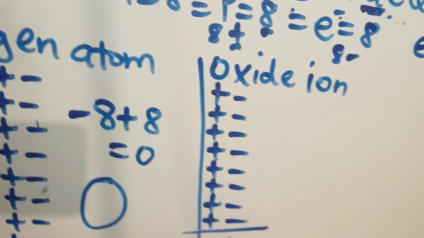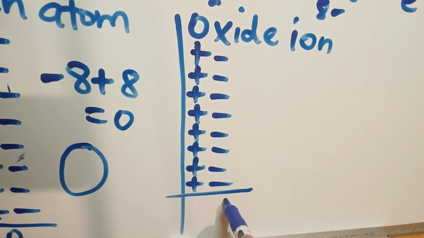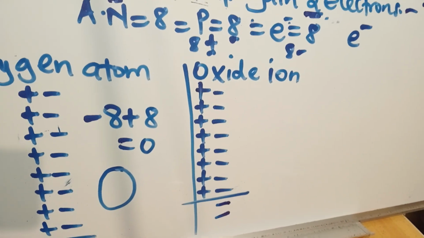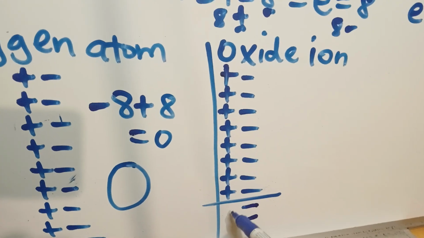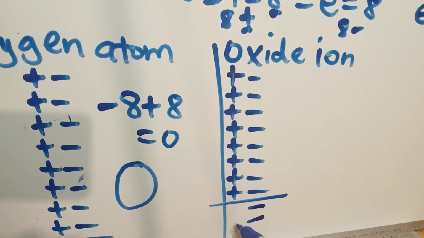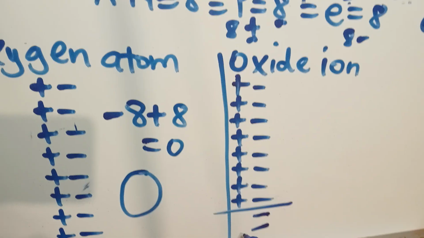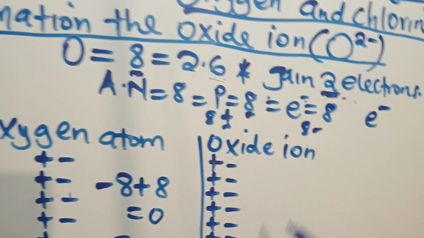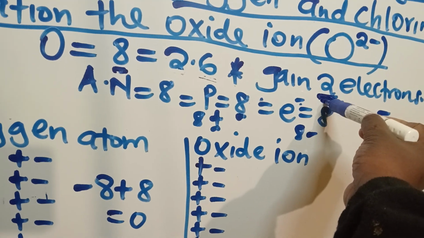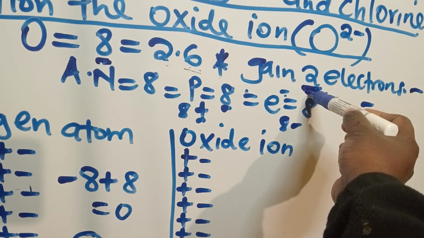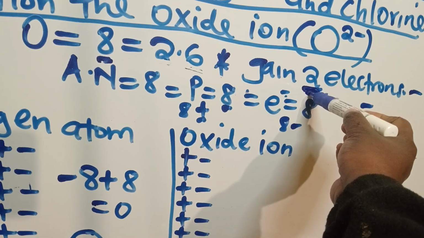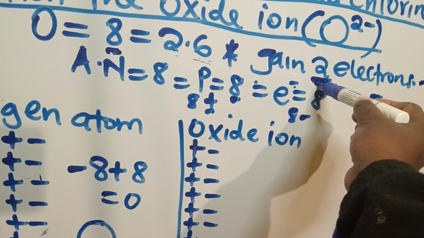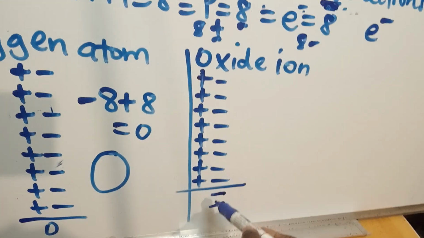So you come to the side of the negative and you add 2 more negatives, but you have not indicated any positives, because oxygen, being a non-metal in group 6, it can only gain 2 electrons. We are not saying anything about the protons. The protons will remain the same number, 8, but for the electrons, 2 more will be added.